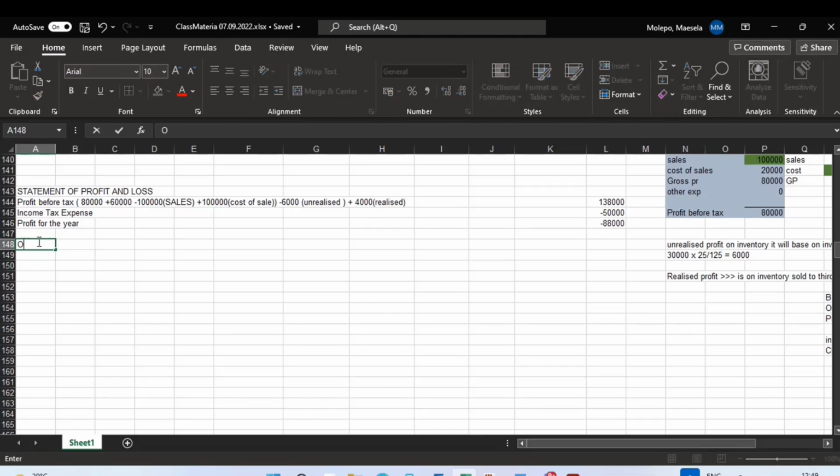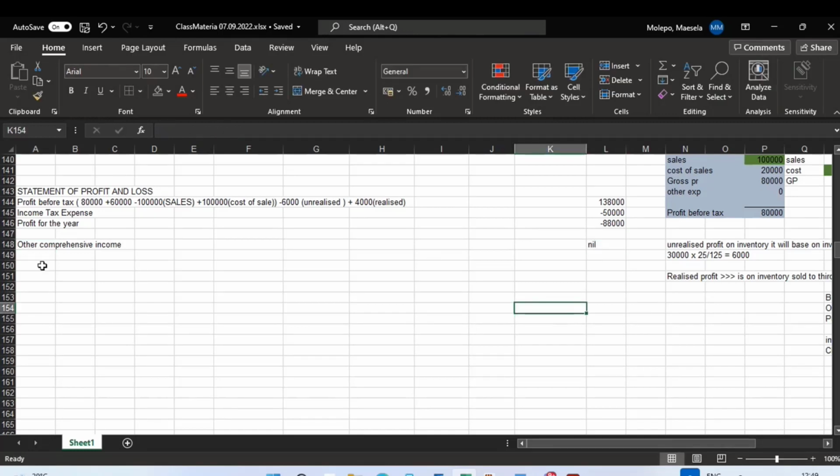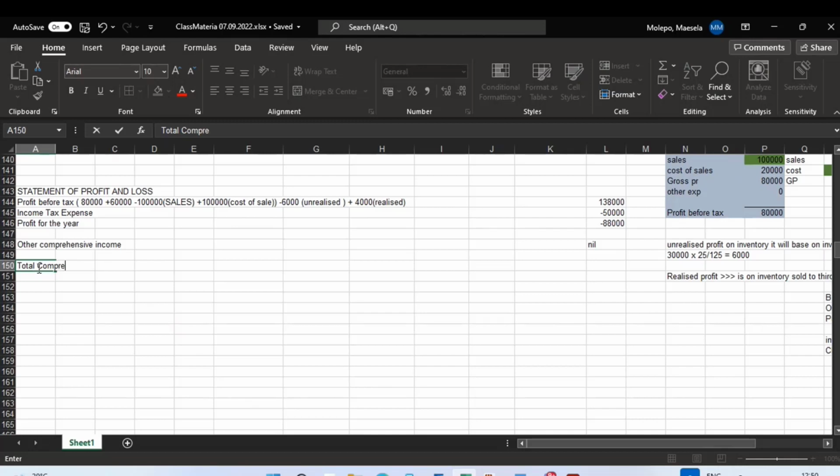Then other comprehensive income, which will be nil. We don't have one. And then the total comprehensive income for the year will be 88.